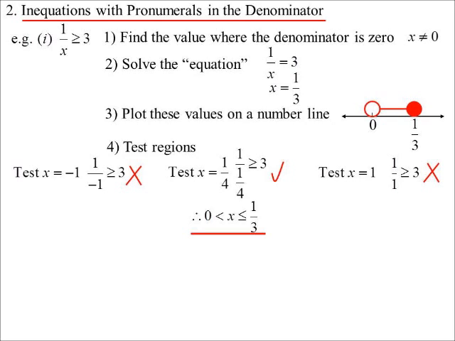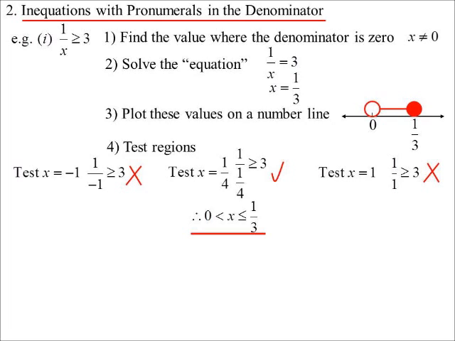And so because you don't know whether you're multiplying by a positive or negative number, you don't know what to do with the sign. Do I keep it the same or do I change it? But if you multiply by the denominator squared, you know that's going to be positive, so therefore the sign stays the same. And so that's why in that technique, you just multiply by the denominator squared.